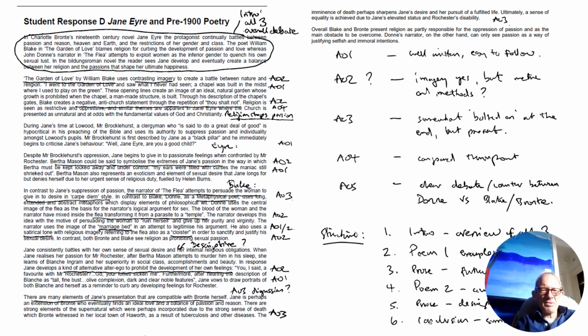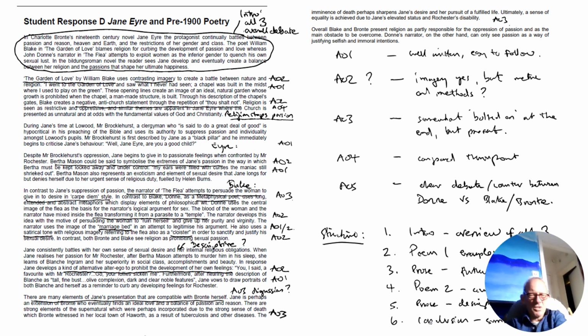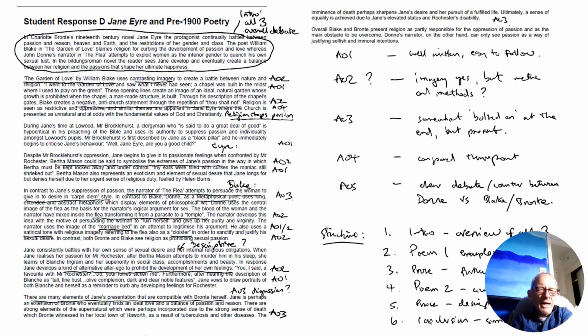I would try and point out that satirical tone of Donne a little bit more. But they've identified a debate there and a difference between Jane Eyre stroke Garden of Love and The Flea. And there's your AO5.